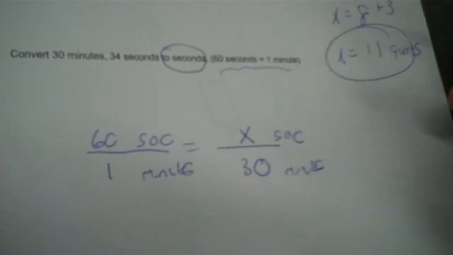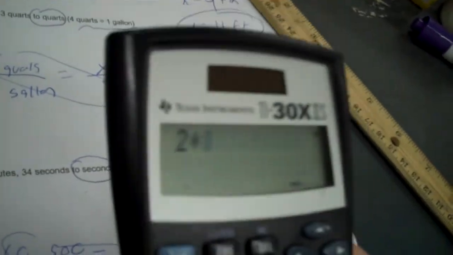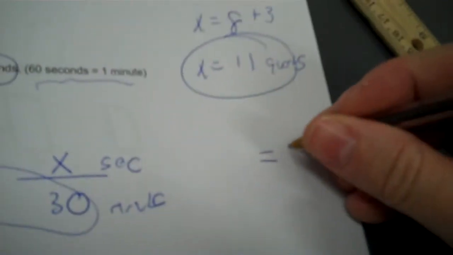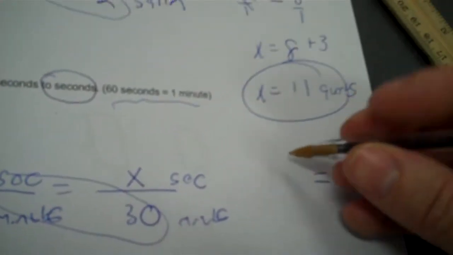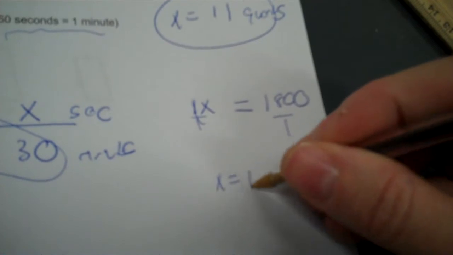Okay. So I cross multiply. I take 60 times 30, which is 1,800. It doesn't matter the side it goes on. And then 1 times x is 1x. Then divide by 1, and x is 1,800.